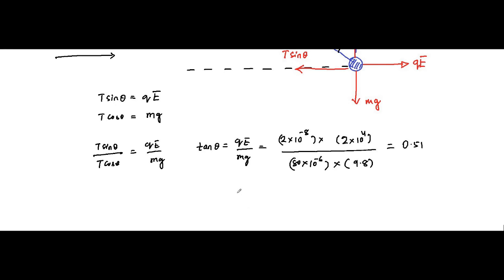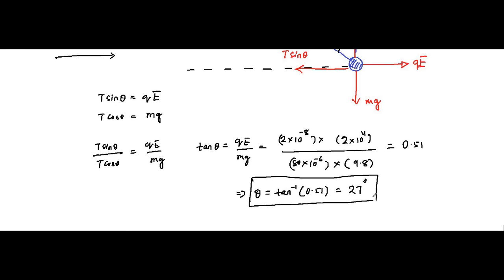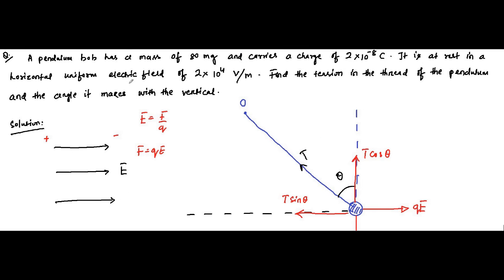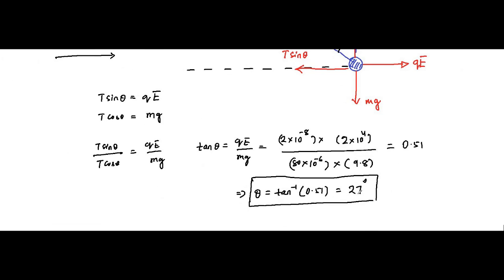That implies theta is equal to tan inverse of 0.51, which is coming around 27 degrees. So the last part of the question is solved. The angle which it makes with the vertical axis, we have found out to be 27 degrees.